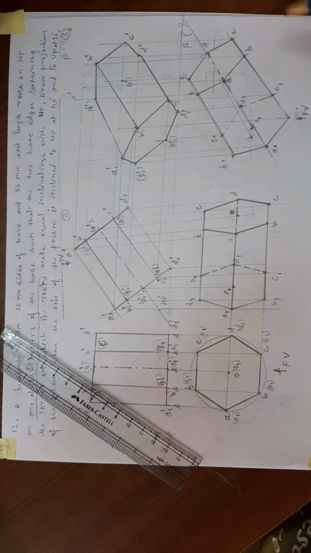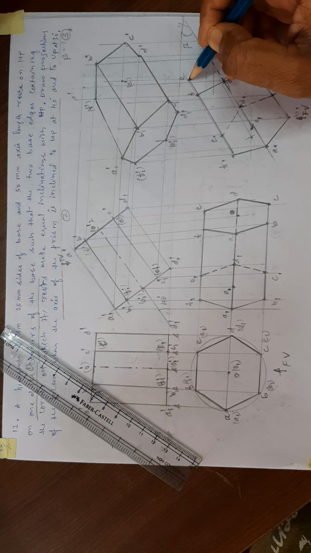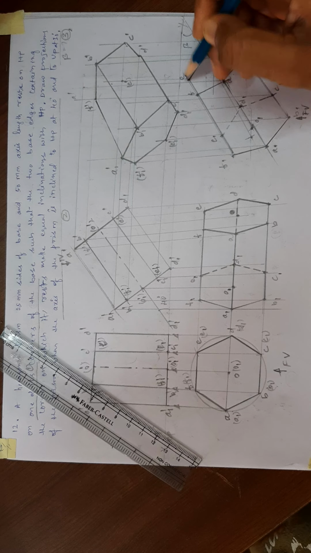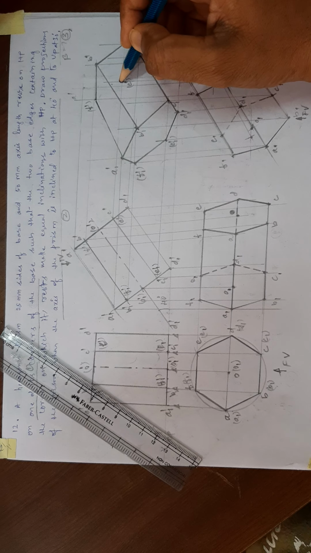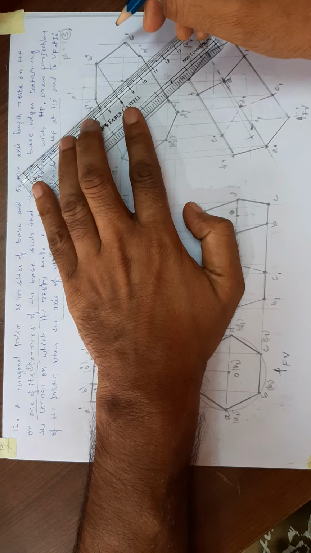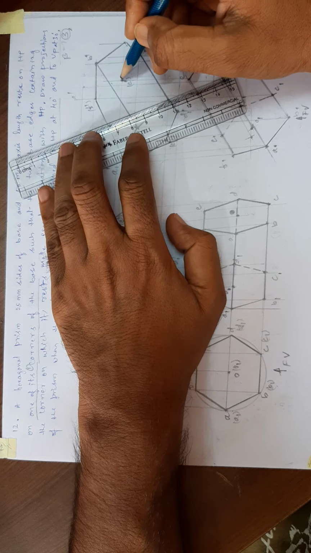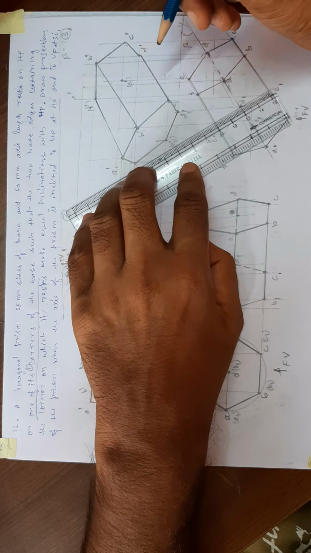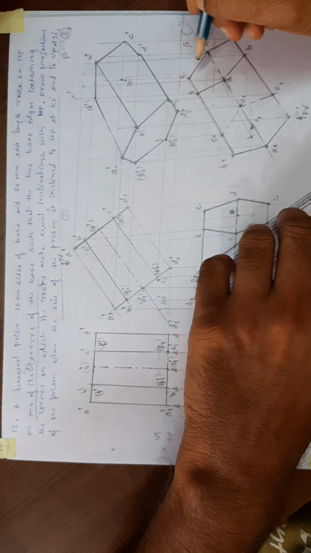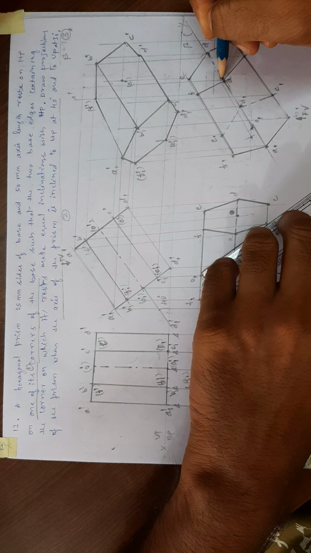Okay, next the edge. Now this is the corner away from the observer, so invisible in the front view. All the edges passing through that corner are invisible. Now here D. Where is D?